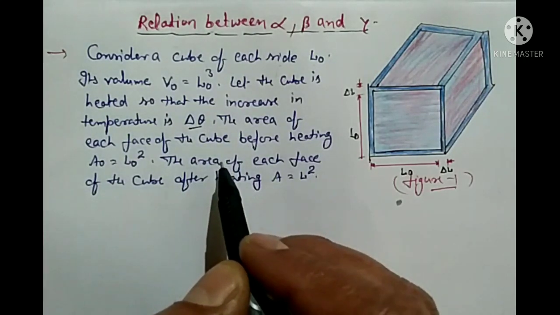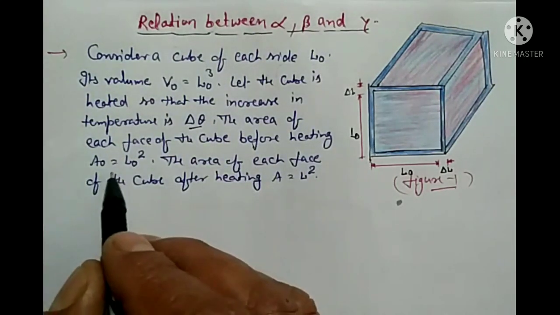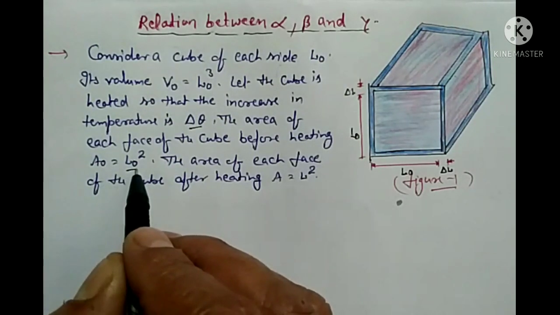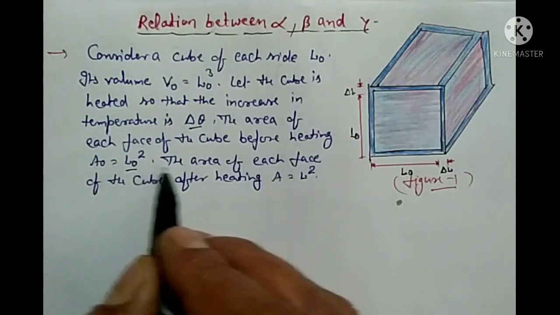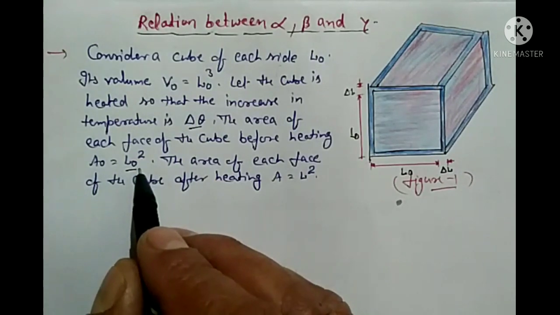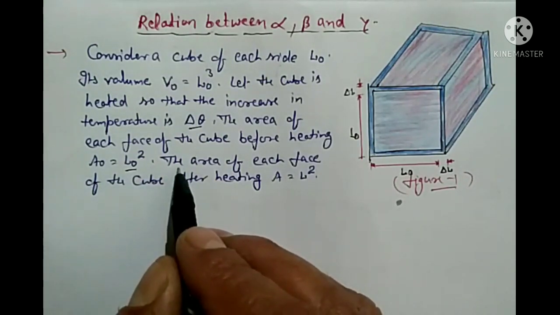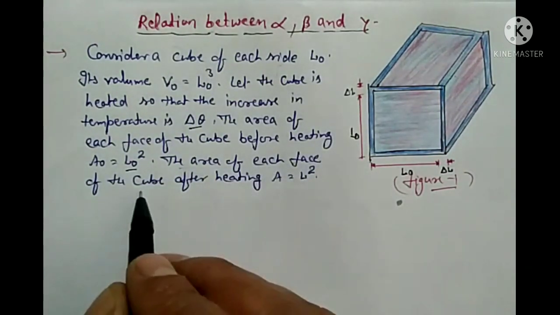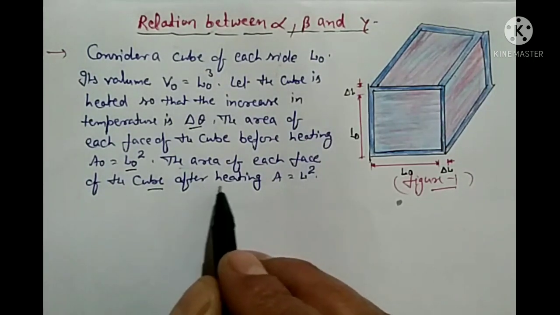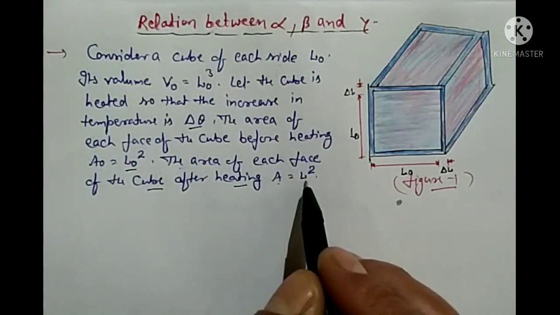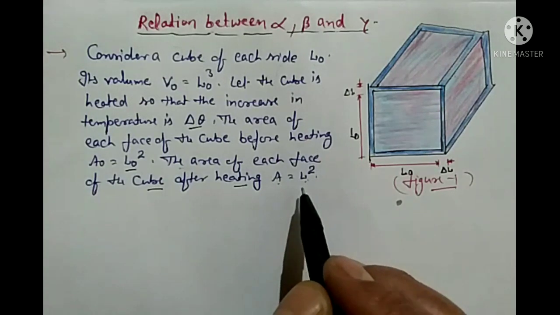The area of each face of the cube before heating is A naught equal to L naught square, because the side of the cube is L naught. The area of each face of the cube after heating, A, is equal to L square.